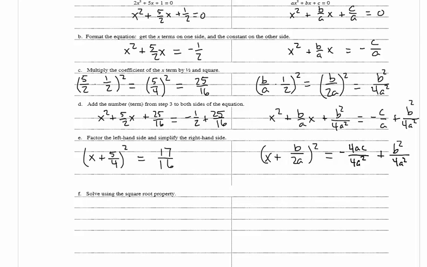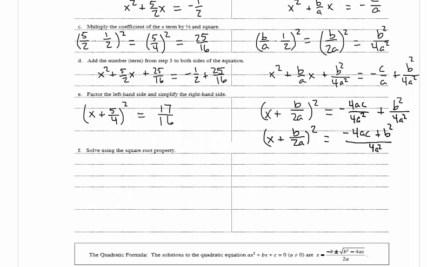And now I can write the right side of the equation as one fraction, so I'll have x plus b over 2a squared is equal to negative 4ac plus b squared over 4a squared.